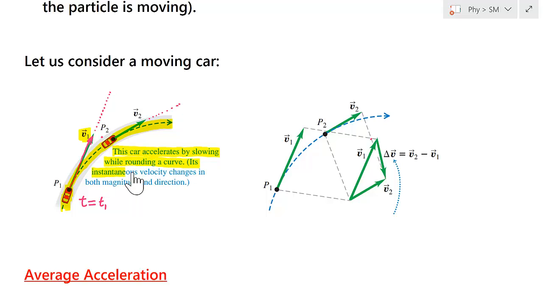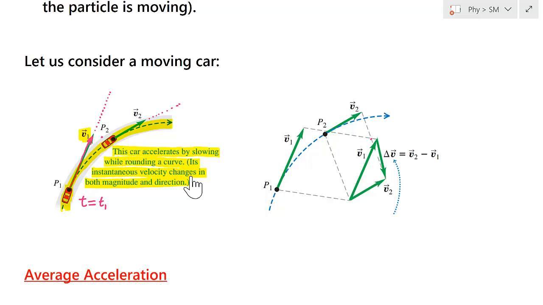Its instantaneous velocity changes in both magnitude and direction. This car is trying to take a turn on this curved path, so it is trying to slow down. So its velocity magnitude, that is basically speed, and direction of velocity both are changing. So this is an accelerating car.